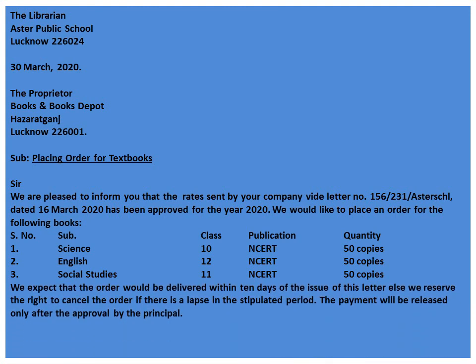You can see here the first paragraph is putting the theme, the second one the main content, the goods that you're ordering here, as we are writing a sample letter of placing order, and the last one is the concluding paragraph. After that, subscription, yours truly, and then full name. As we have already mentioned the designation in sender's address, the librarian, the designation is not required here in subscription.